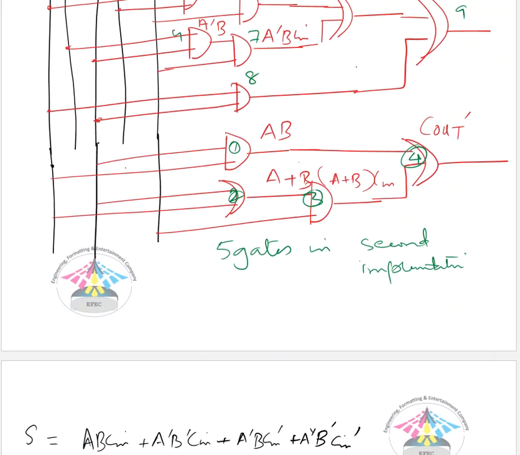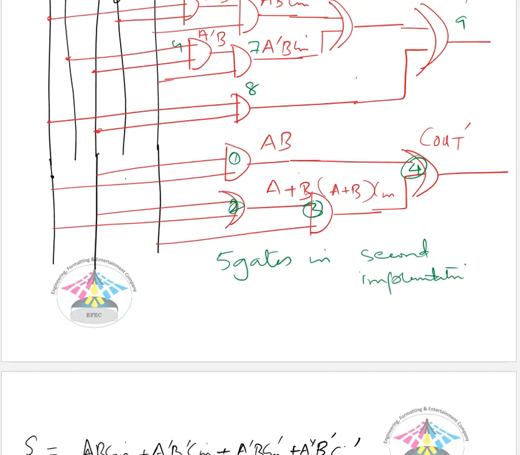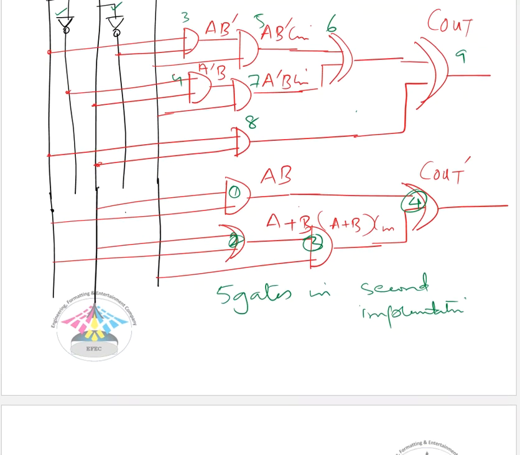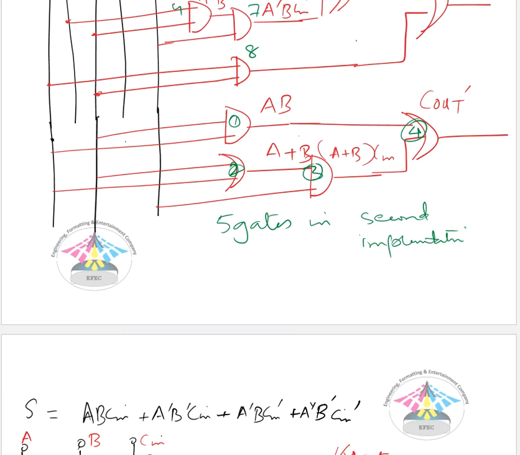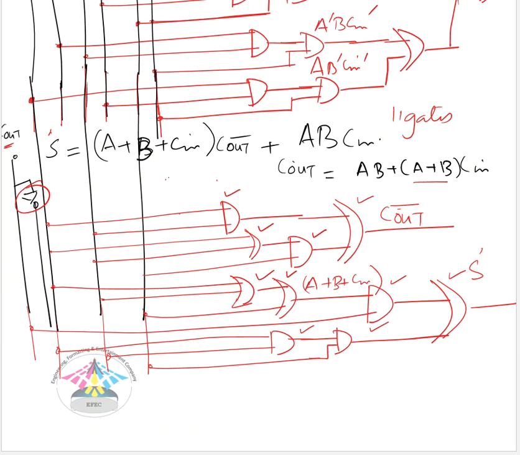Similarly, for the C out, we got the advantage of 5 gates. So overall, if we look, the total advantage is 8 gates using these minimization techniques, using the K-map and the other implementations for this single bit full adder.